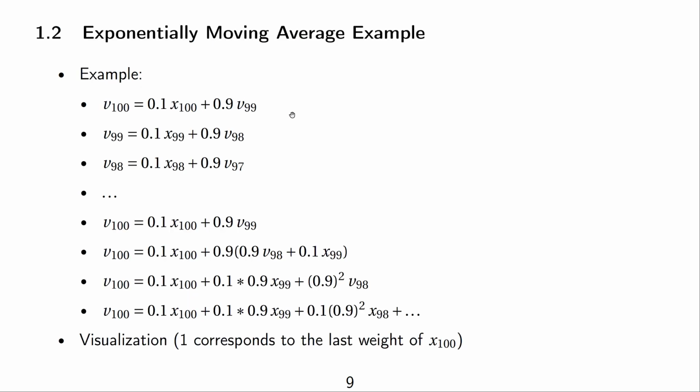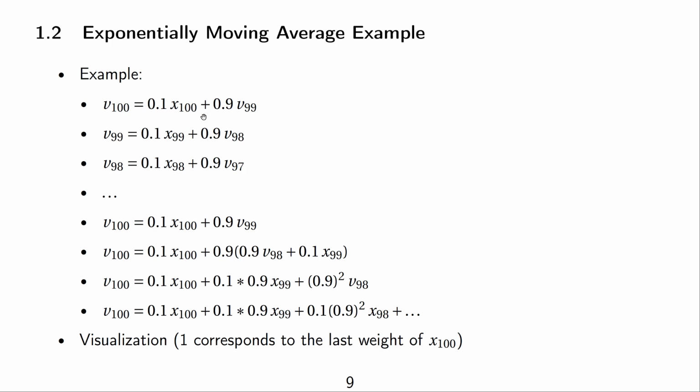Another way to analyze this is to start from the end, or let's say some arbitrary current time, which is time k equals 100, and now we want to compute the exponentially moving average at this time step. So I guess this is kind of switched to make the recursion more convenient.